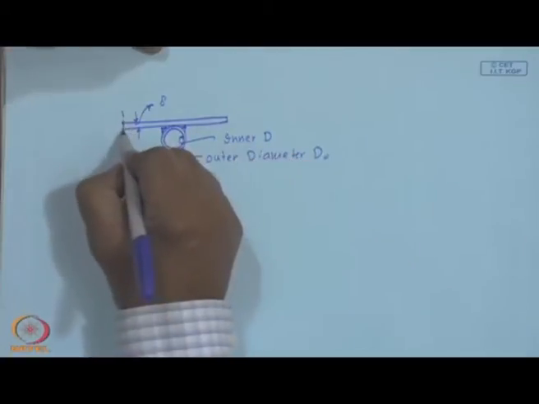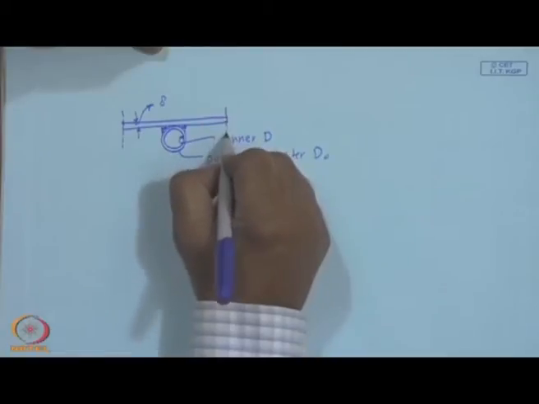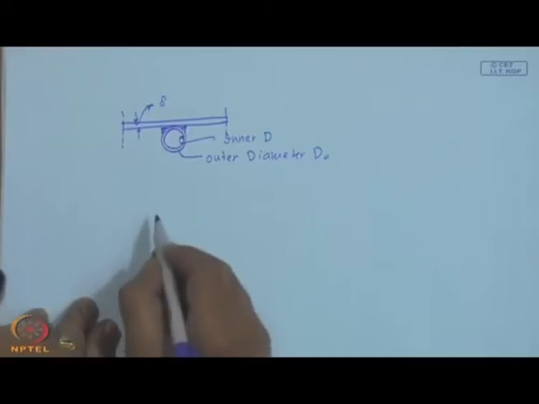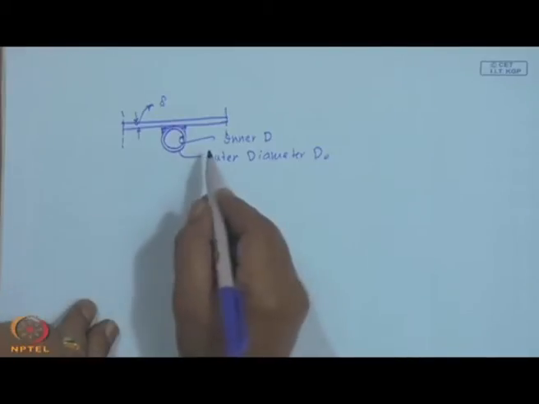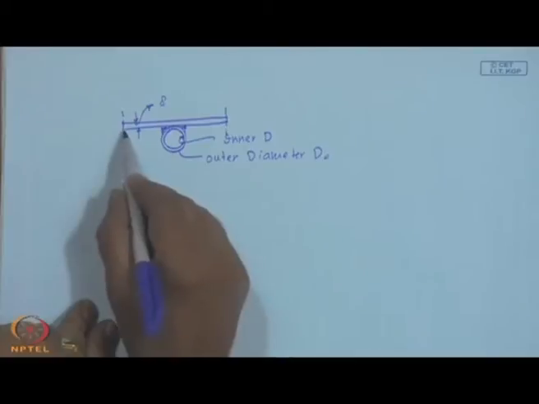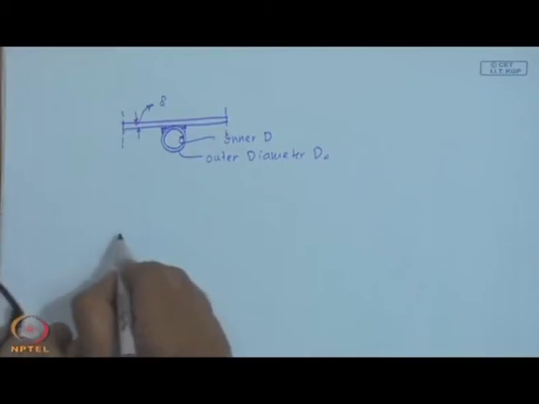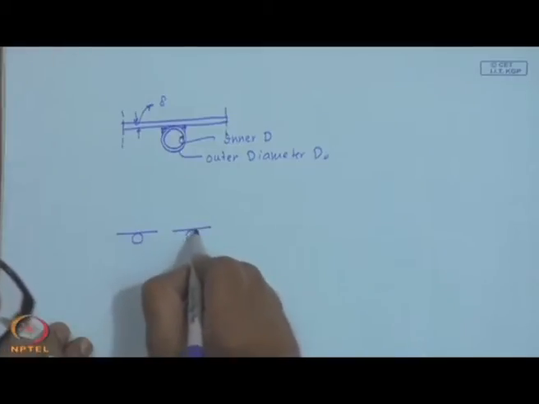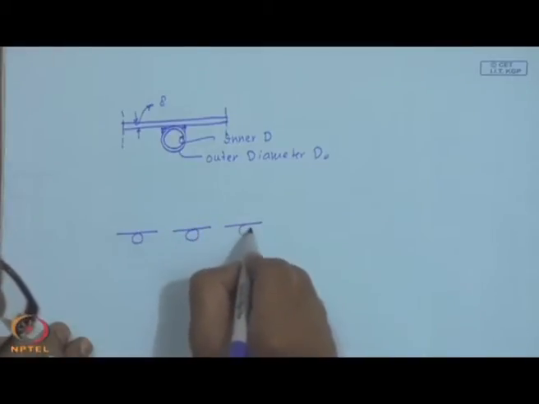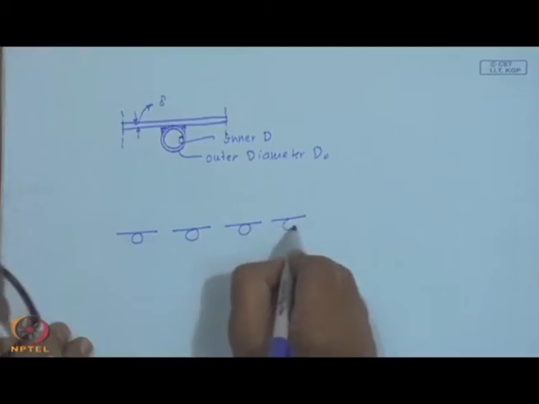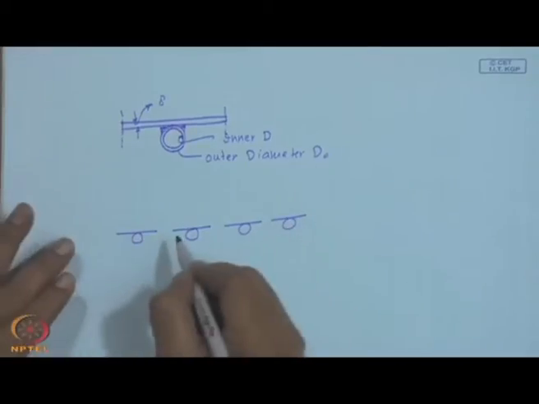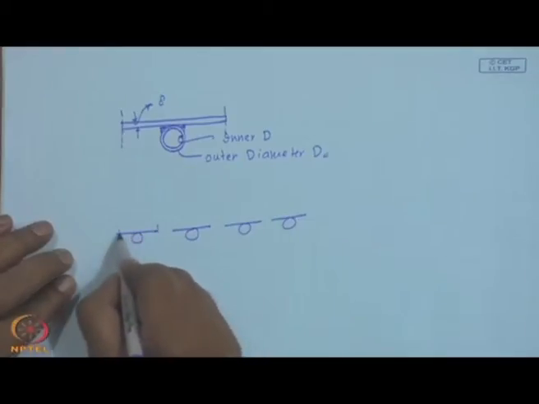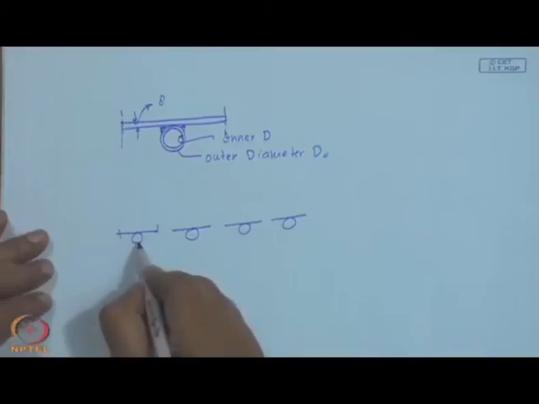So, this is the mid plane and this is the mid plane. So, I have W minus D by 2, where W is the distance between the center to center, and we have got a number of elements repeated like this in the collector. They are all joined and each one is a half a sheet on this side and half a sheet on the other side, with a tube in between.